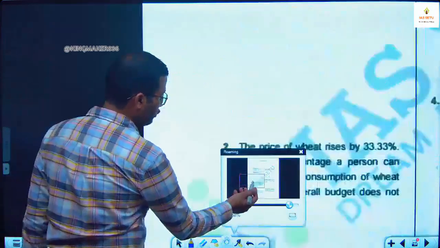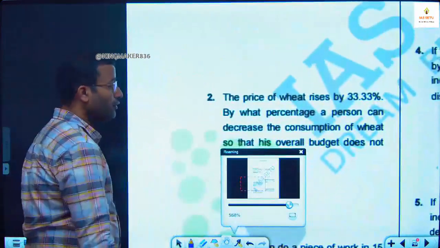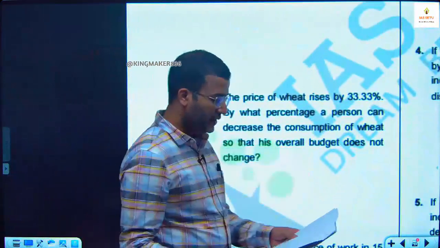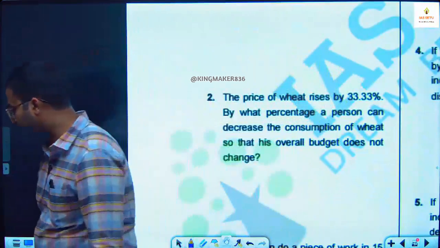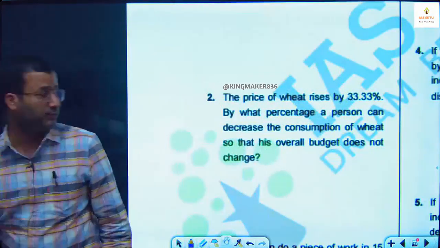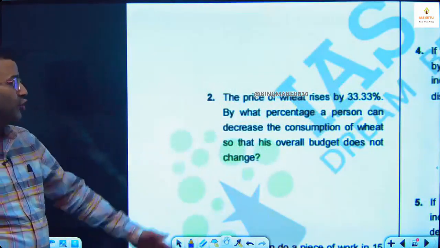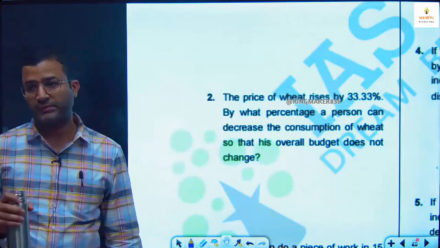Similarly, like you can check question number 2. The price of wheat rises by 33.33%. By what percentage a person can decrease the consumption of wheat so that his overall budget does not change? Okay.